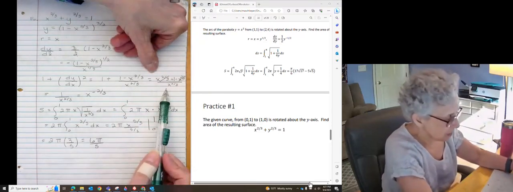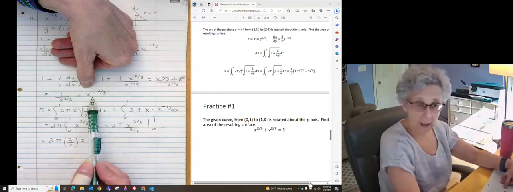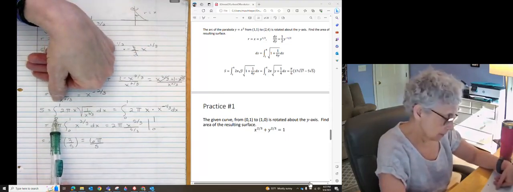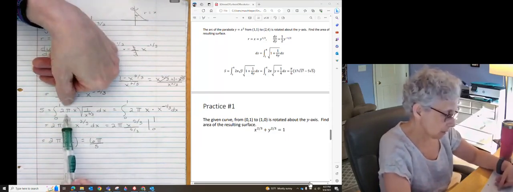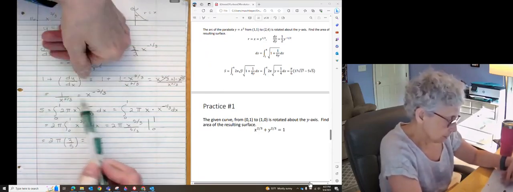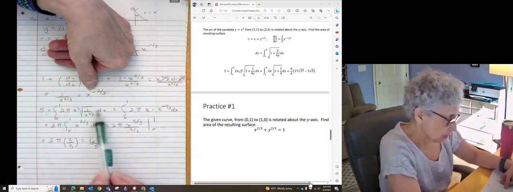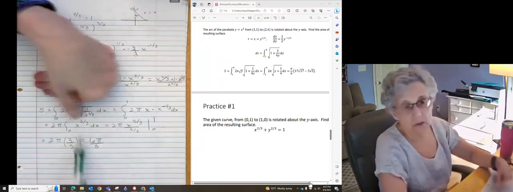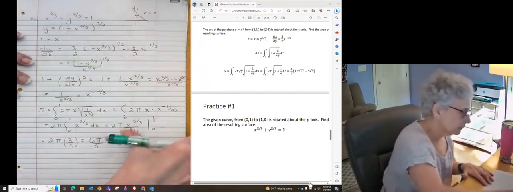I got a common denominator, and I ended up with a single term, which made me very happy, because then when I plugged it into my formula, integral from one x value to the other, 2 pi x square root of 1 plus the derivative squared, the arc length portion just simplifies into x to the 2/3 power, and I get 6 pi over 5.